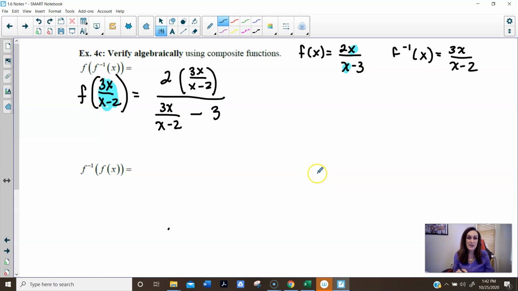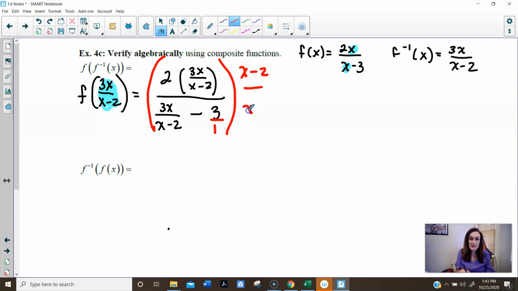We've got a complex fraction here, so we're going to just go ahead and get rid of all of the denominators. So if we look at all the denominators, we're going to multiply by x subtract 2 over x subtract 2. So in the numerator, the x subtract 2's will cancel, and we're left with 6x.